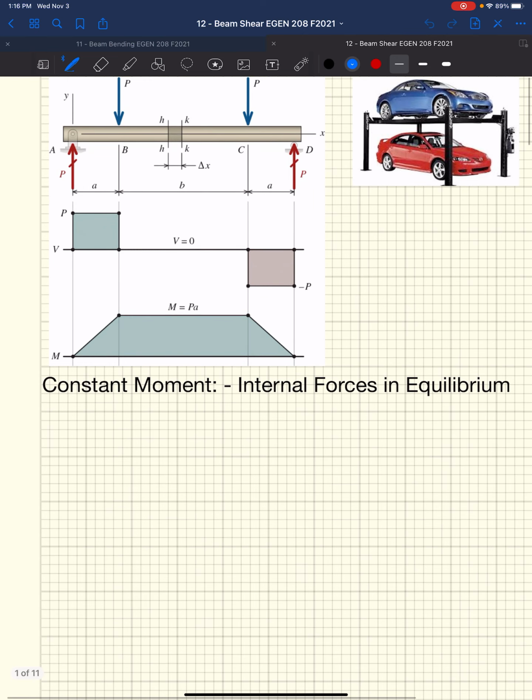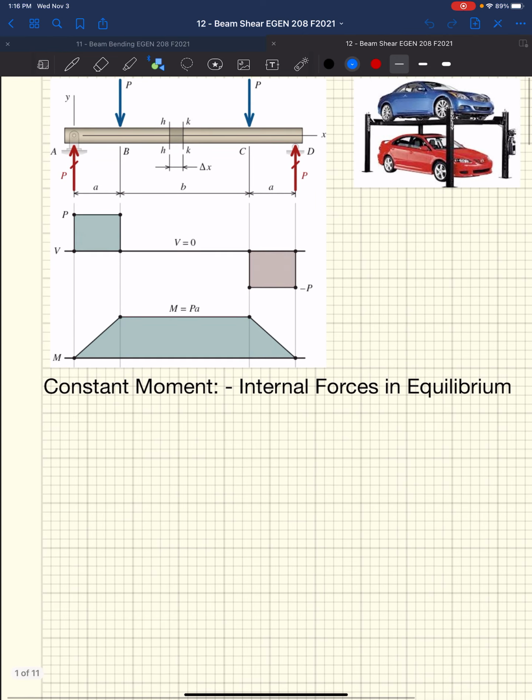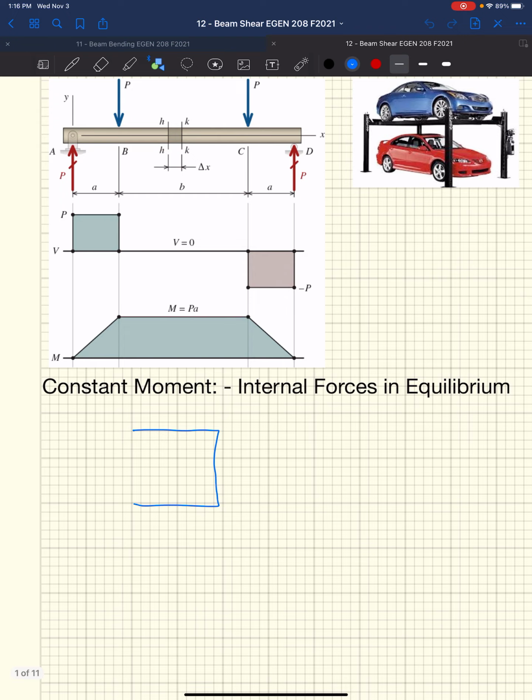So draw a little box here. This box has coordinates because we're going to draw a free body diagram, right? This is H, and this is point K on our little sliver.